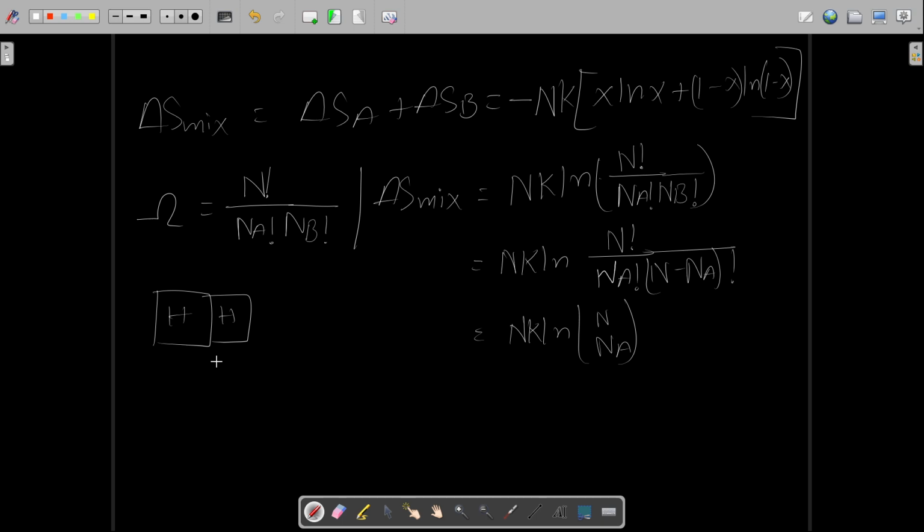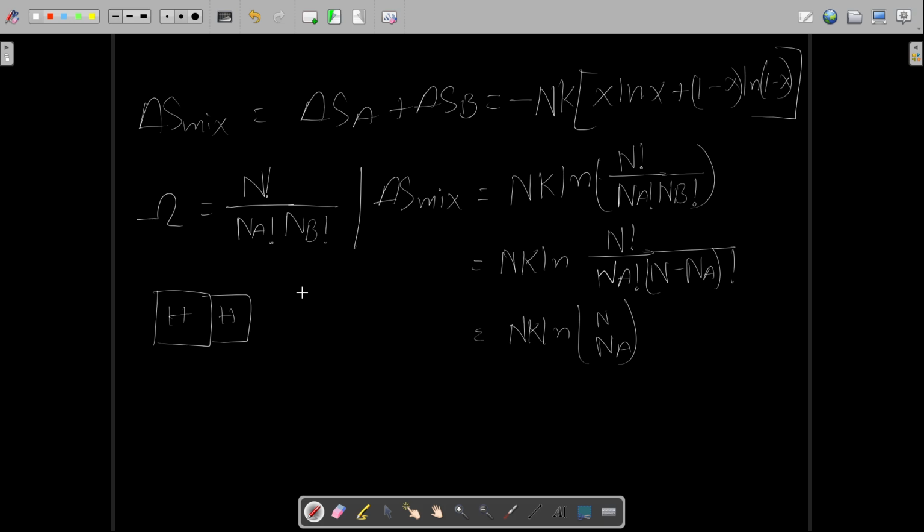Why? Because think intuitively. What do we understand by multiplicity? Multiplicity is the number of distinguishable states that are different from each other. But if you mix two samples of the same gas together, ultimately you are just creating one entity.